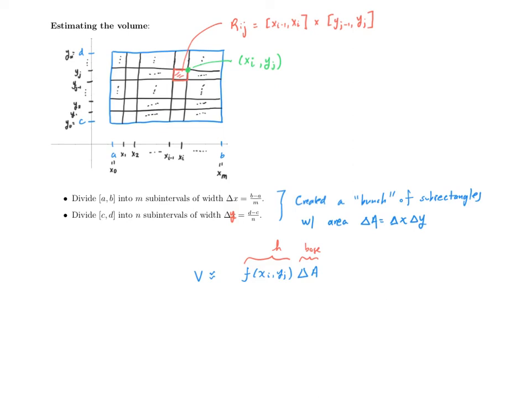And the subtlety is that we have a whole bunch of these rectangles to add up. And we have to really think about how many they are in terms of both the x and the y direction. So in terms of the y direction, we have to let our j values vary from 1 to n. And in the x direction, we have to let our i values vary from i equals 1 to m.